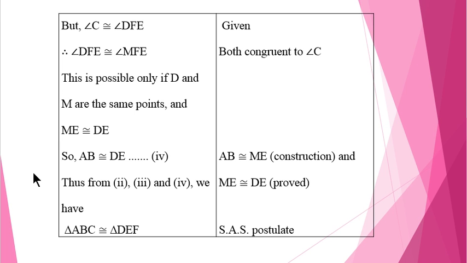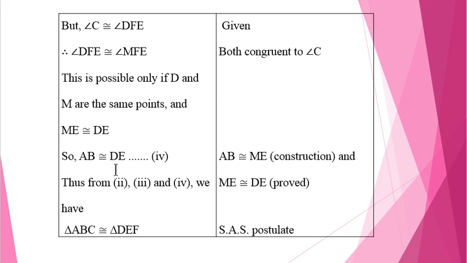So again, moving to the theorem, M and D are the same point. So ME is congruent to DE. It means the distance is the same. There is no other point for ME, it is only DE.